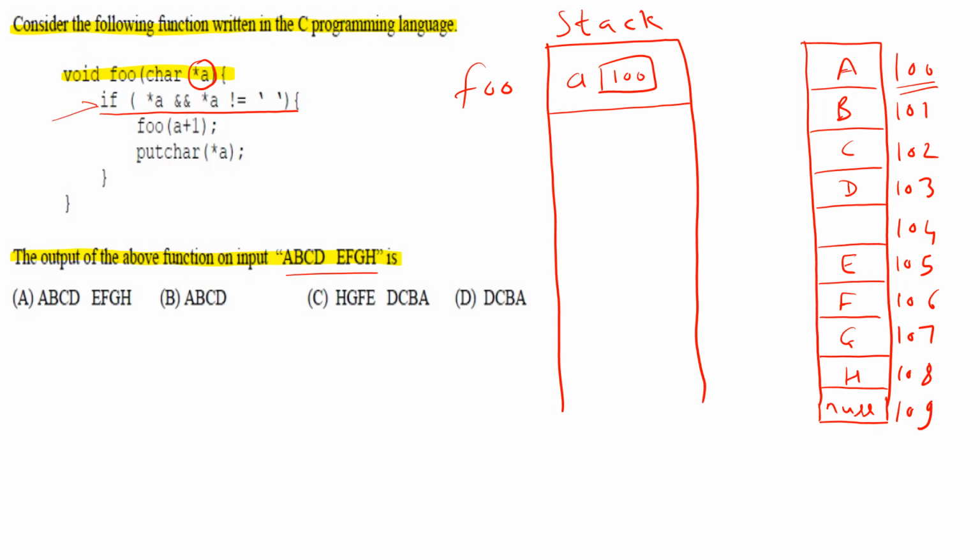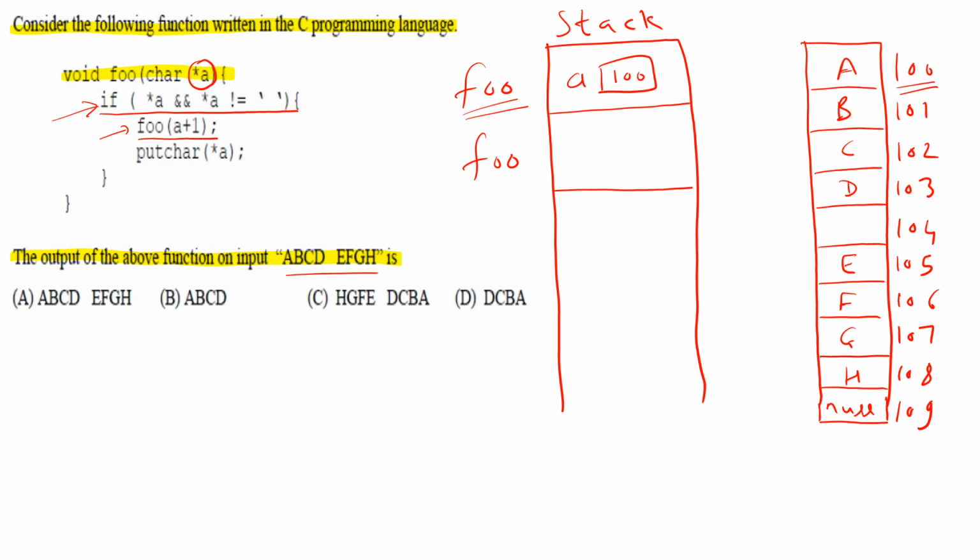So this if condition is true, and we call this foo function again. Now you see we are in the middle of doing something. We are executing the first call to foo, and now we are making another call to the same function. We will return back to the current call to foo when we finish executing the second call, right?